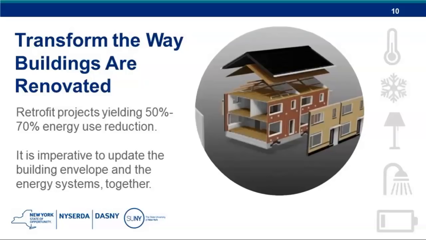They didn't meet all of those criteria. But when you combine that with a more efficient heating and cooling system, you can have a big overall impact on your building. So transforming the way we do it, don't do one without the other. HVAC and your envelope have to be done as a joint project.